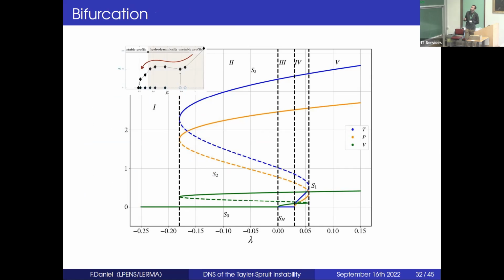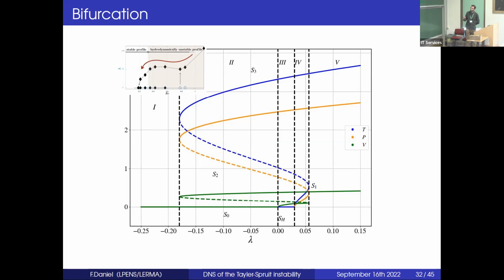Here you can see that at first, at the bottom left, you've got no solution possible. You're stable from a hydrodynamical point of view, like in the white zone here for the DNS bifurcation. But if you get past this first barrier, this lambda equal to 0, this corresponds to the destabilization of the Stewartson layer. You're going to introduce the non-axisymmetric motions. This is the green curve here, this square root of lambda.